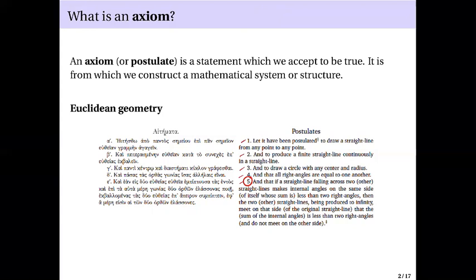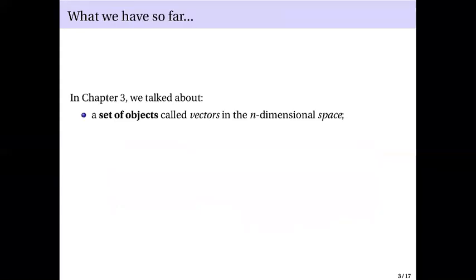Okay, so what do we have so far? Like I said, we have seen vector spaces in chapter 3, but we know them as the Euclidean space, or the Rn, or the n-dimensional real space. In that chapter, we talked about what we call vectors.